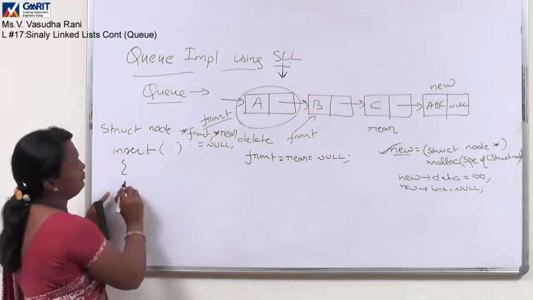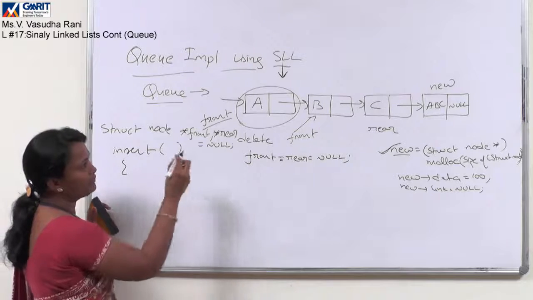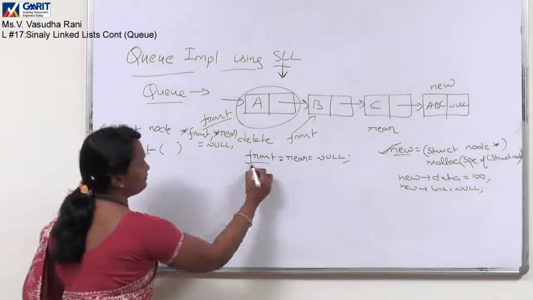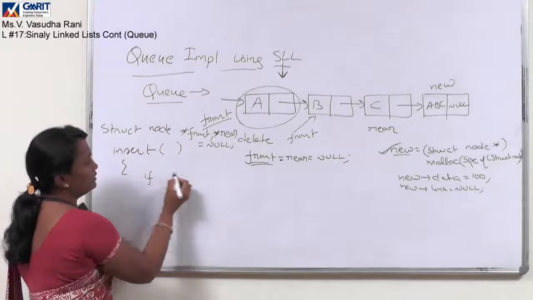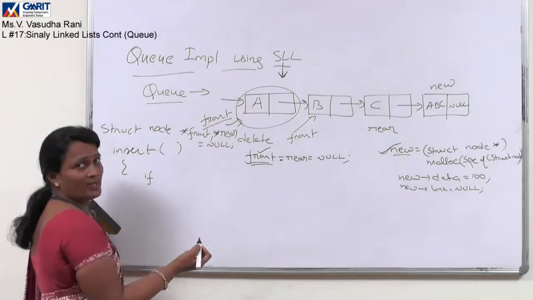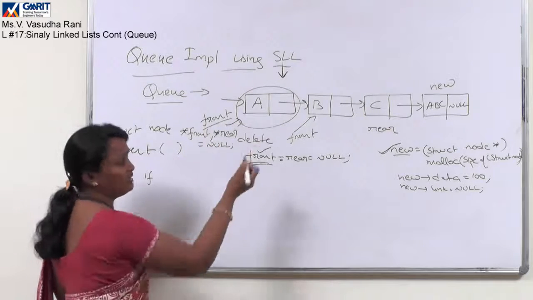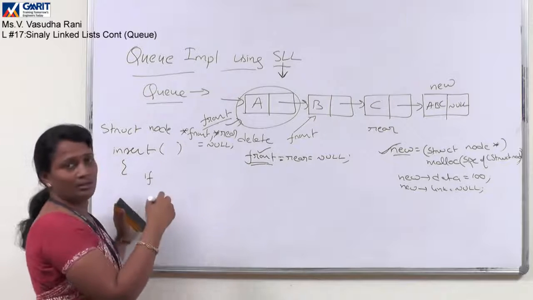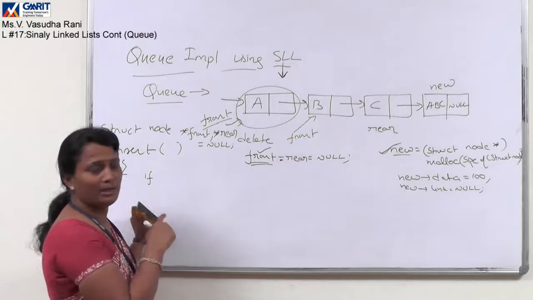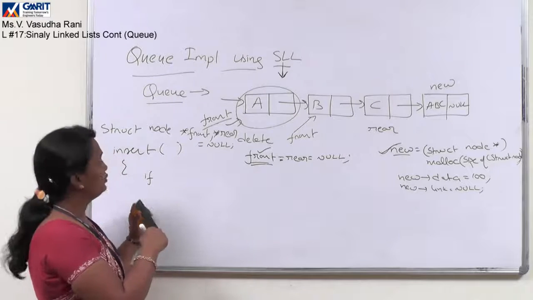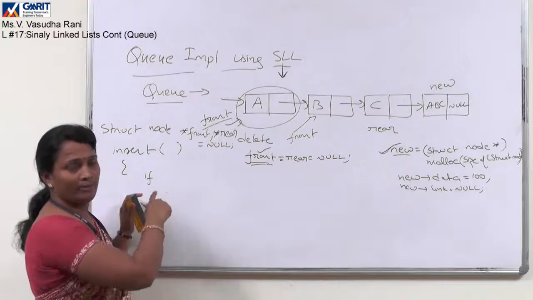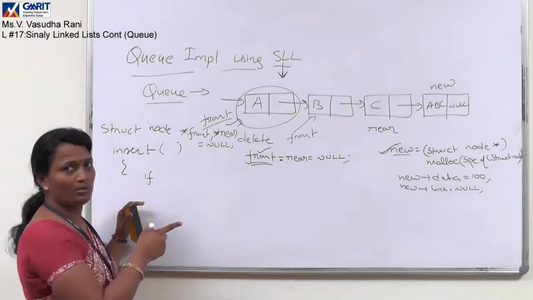Now before doing the insertion, first of all we have to check whether any nodes are there in the queue or not. For that we can check for this front pointer, because this front pointer is acting as the start pointer for a single linked list. In the earlier programs with single linked list implementation for stack and single linked list operations, usually to check whether the list is empty or not, we verified the condition start equal to null.